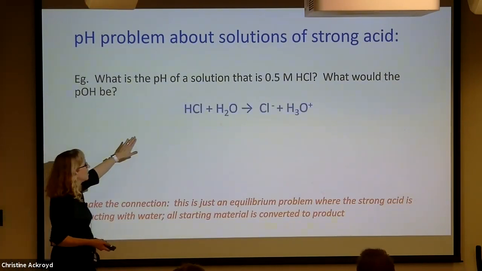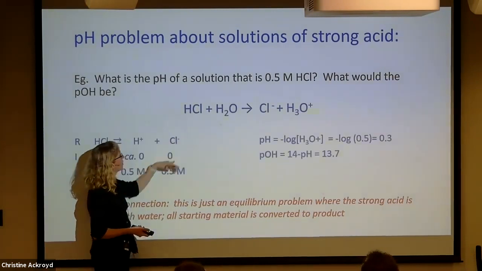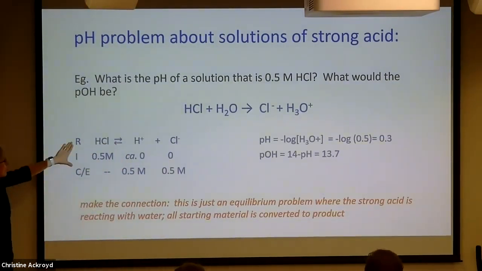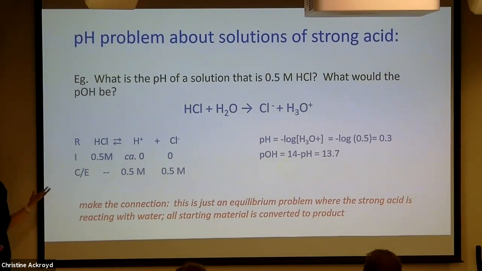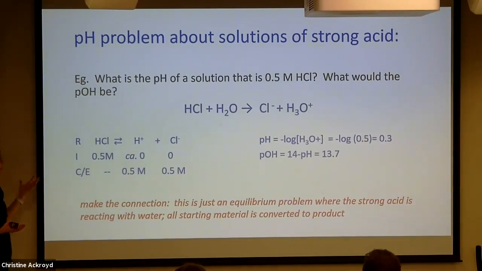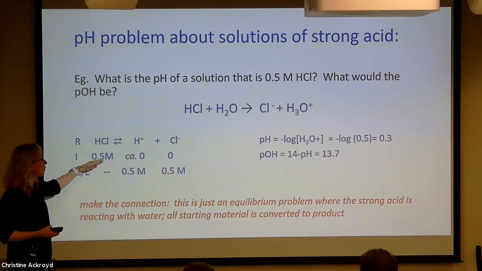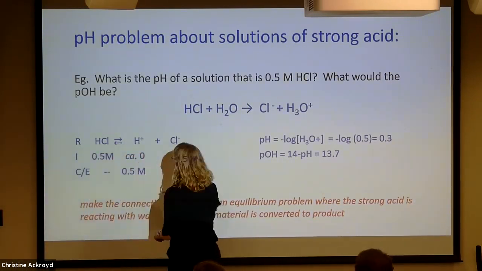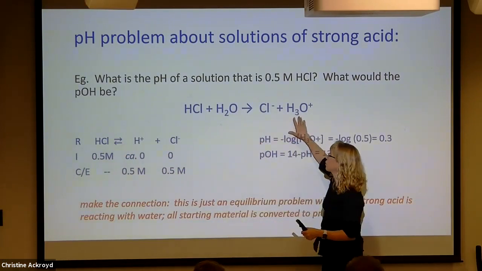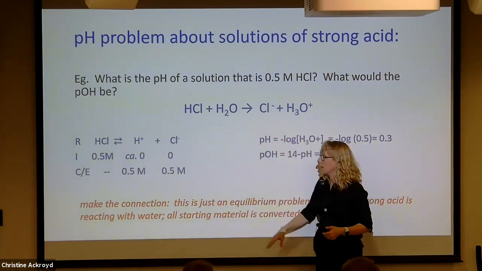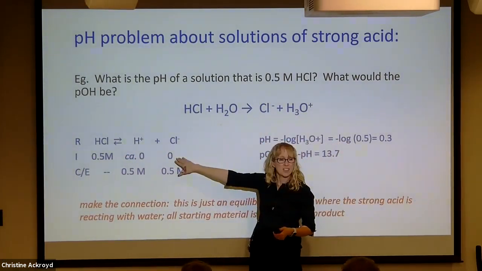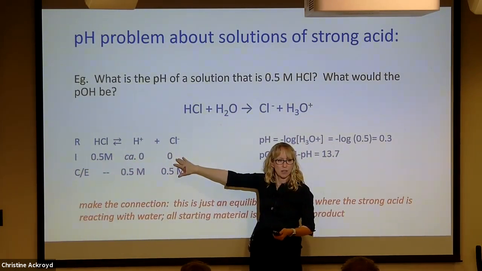So there's our reaction. HCl reacts with water. Or we could have written it according to the Arrhenius model. The product, when it dissociates, you can write it as H plus or hydronium and the chloride ion. Before the HCl reacts, I don't have any chloride in solution, right?